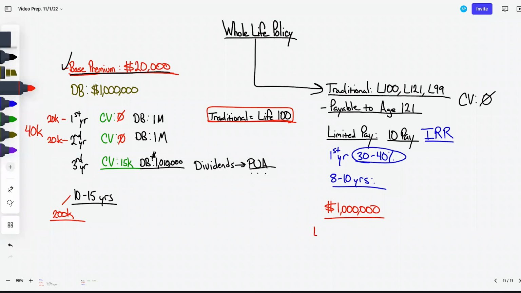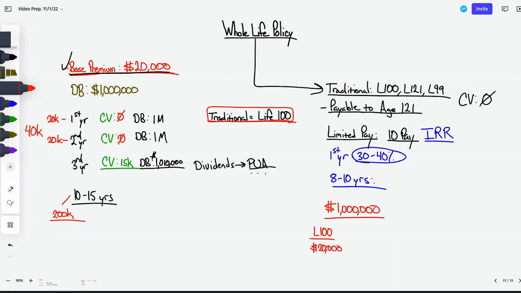The traditional, we'll call this a L100. How long can you pay into the policy? Let's assume you're 40 years old right now. How long can you pay into it? Up until you're 100 years old, right? So what that means is because the insurance company knows you can make premium payments, or it's due, up until 100, the premium is only $20,000 per year.